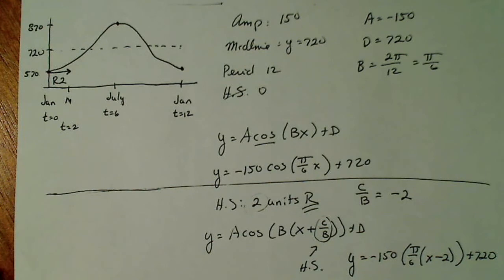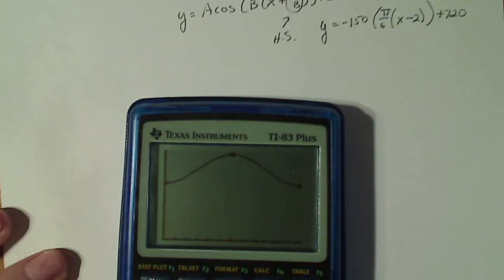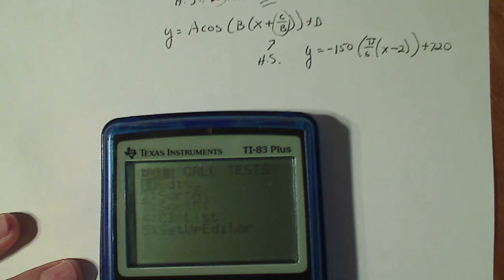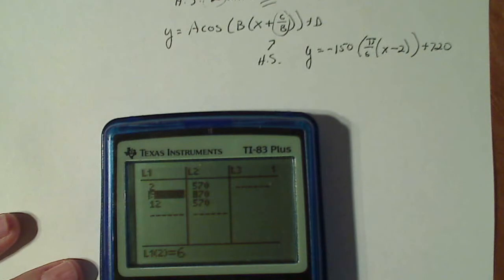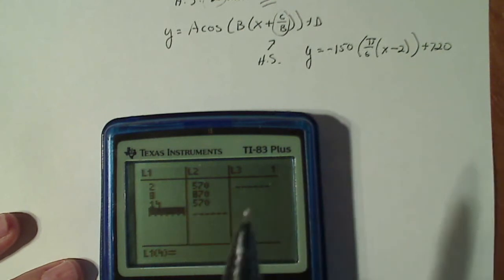So let's go back to the calculator's data and change it a little bit to make sure I did this right. So go to my edit. And now the low point, instead of being at 0, it's going to be at 2. And I'm going to add 2 to every x value here because everything is being shifted right 2 units.